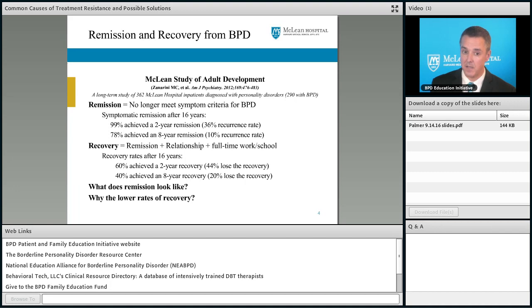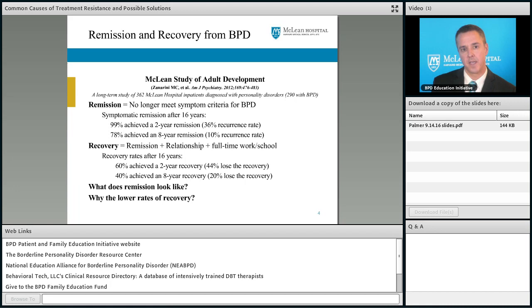And of those who achieved an 8-year remission, only 10% had a recurrence. What this tells us is that borderline personality disorder, in fact, is not a chronic illness. It can last for several years or longer, but it usually is not a chronic illness. It is not a persistent trait for the rest of one's life.